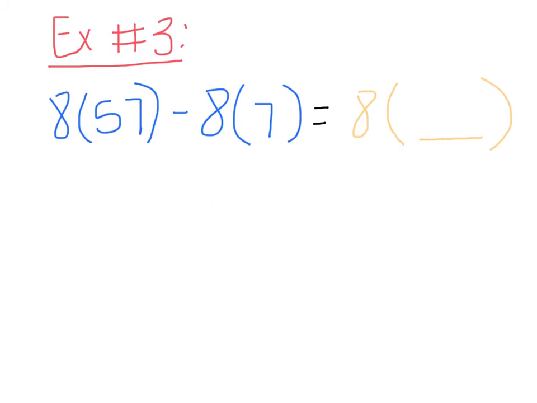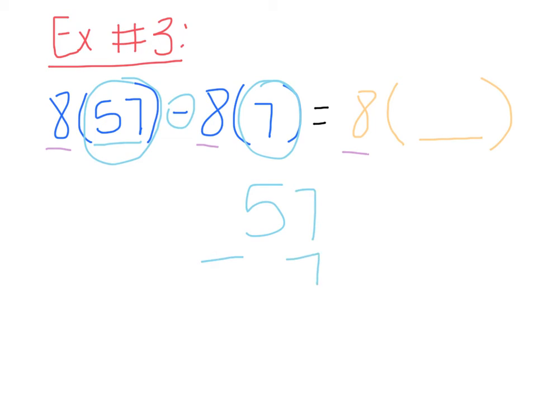Okay, this one we are subtracting. So we have 8 on the outside of the parentheses. And then this one, they already broke it apart, and we're going to put this one back together. So we have 57 minus 7.